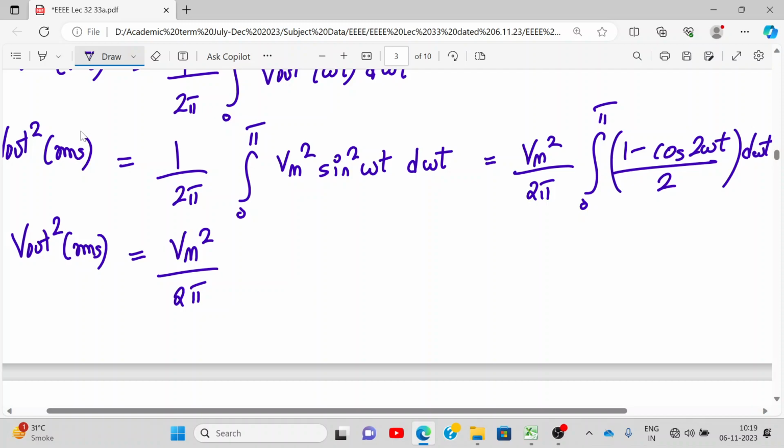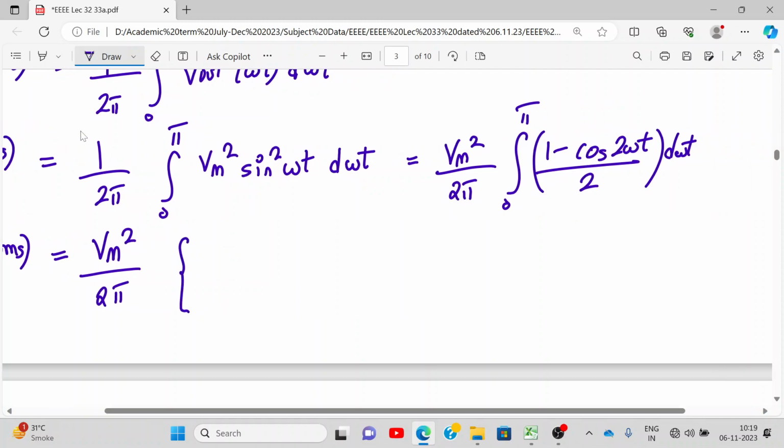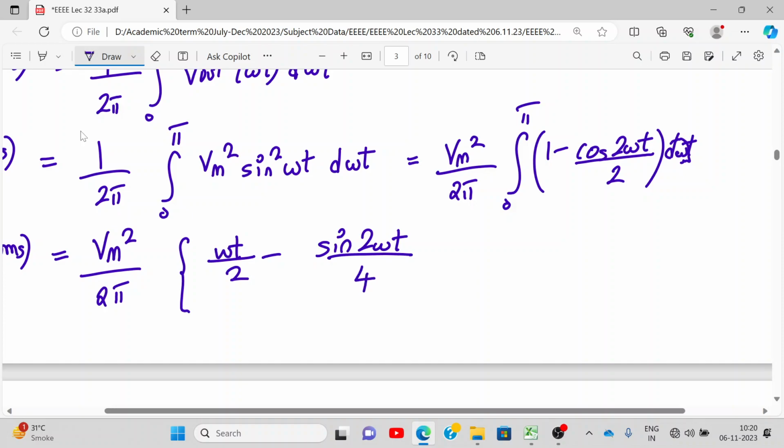The integral of this: the first term will be omega t by 2, minus sine 2 omega t by 4, right? And here omega t is going from 0 to pi.